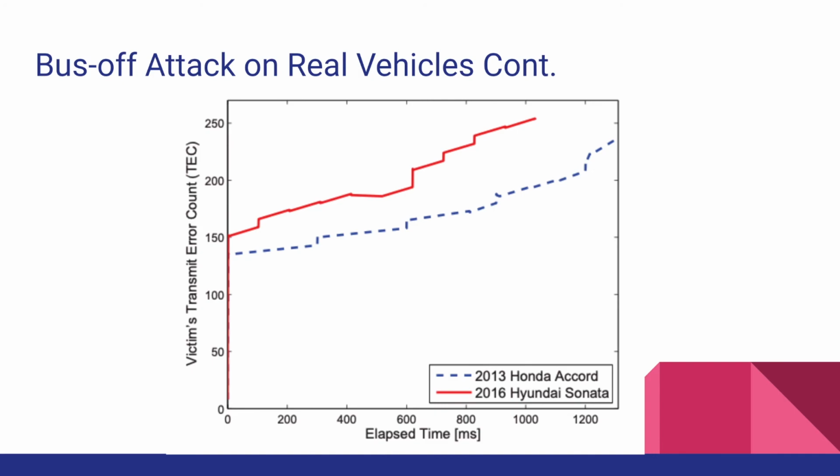Though it is different because of the more complex CAN bus traffic, the general curvature was the same as what the prototype showed, where phase 1 finished incredibly quickly, and phase 2 still finished, although not as steep and predictable as one would assume, but still eventually reaching the 255 counter, causing the ECU to go into bus off mode.